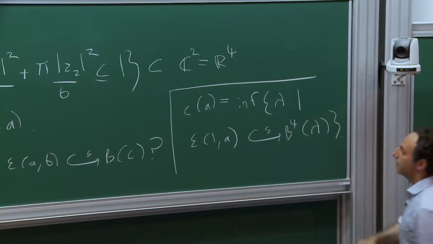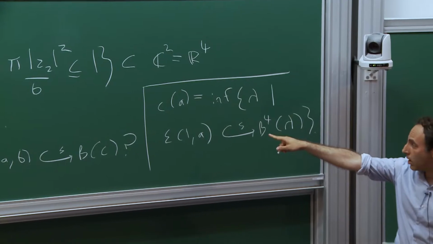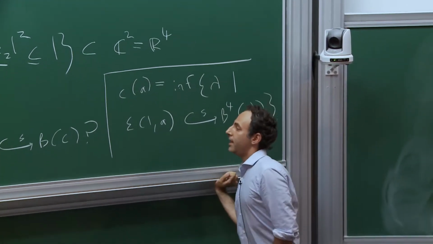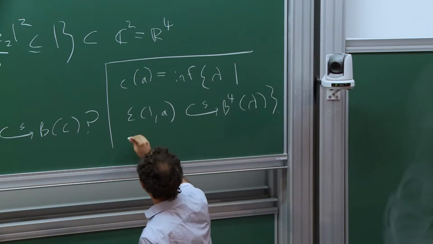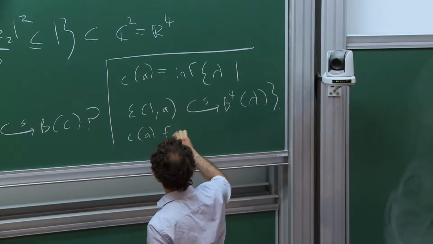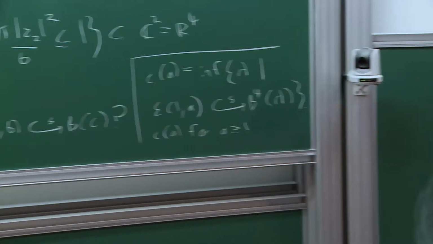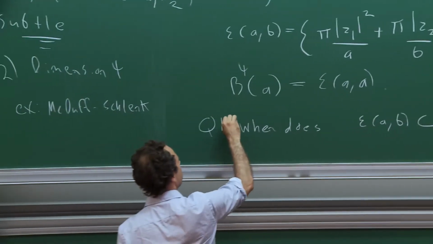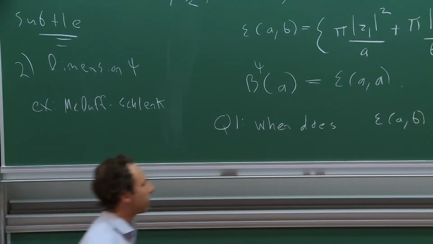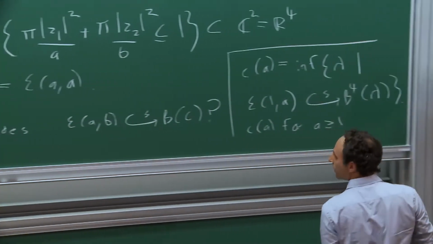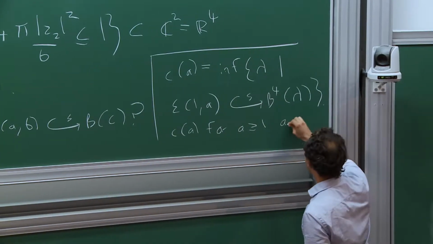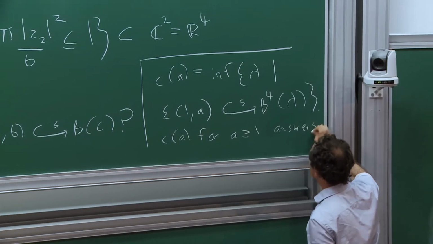So this is a function from R to R. And it turns out that c of a for a greater than or equal to 1 completely answers, I'm going to call this Q1, because there are going to be other questions that come up later in the talk, Q1.